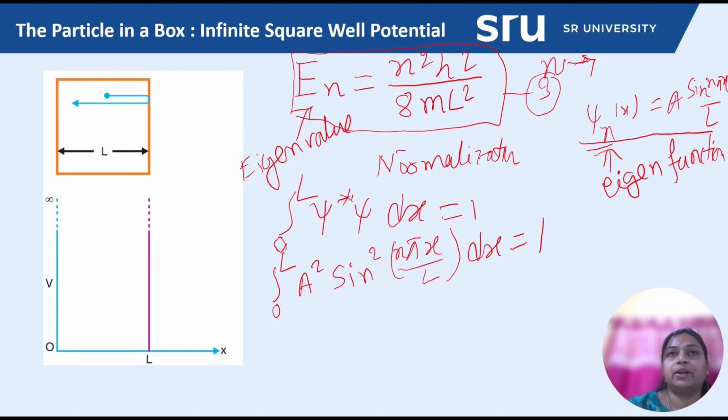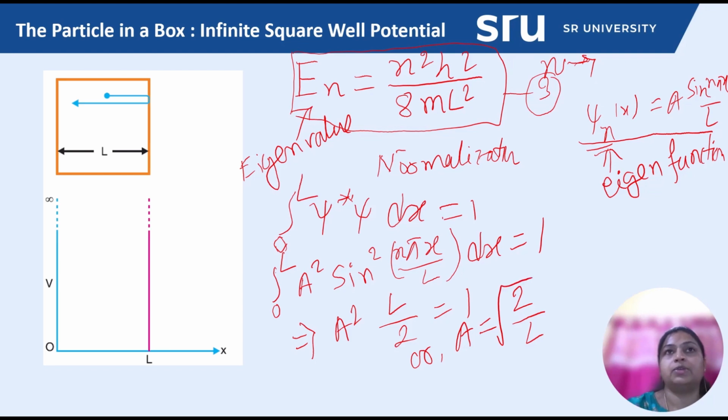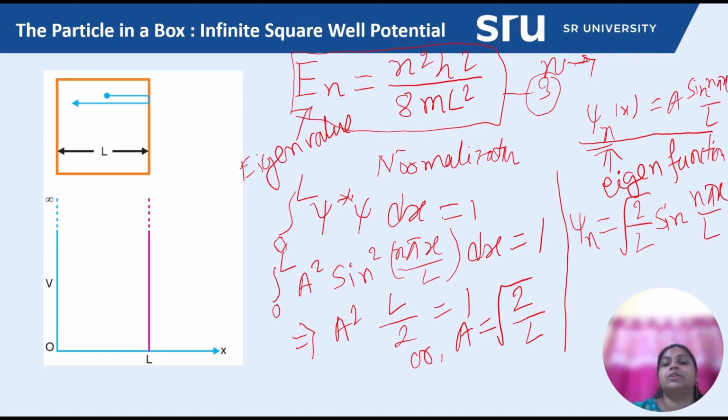With this simple integration, one can get a square L by 2 is equal to 1, or we can write a is equal to root of 2 by L. Using this value a, our psi n now becomes psi n is equal to root of 2 by L sine of n pi x by L. This is the normalized wave function of the particle.